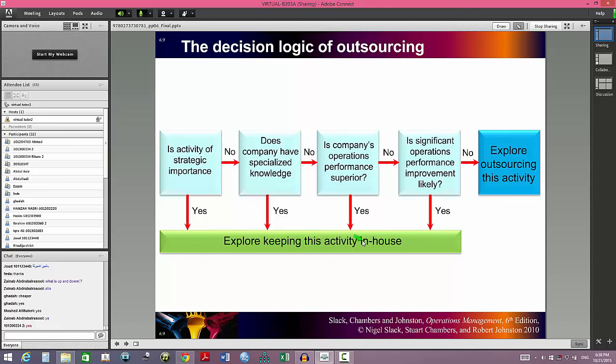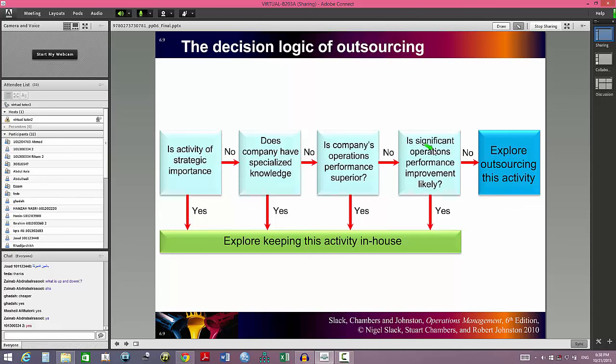Okay, and finally, when you outsource, is there any improvement? Here the last one is significant operations performance improvement likely. That means whether you will enhance or improve your performance. If you will improve your performance, then keep it in-house.